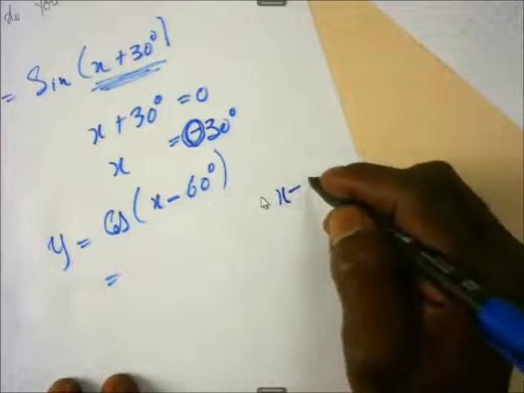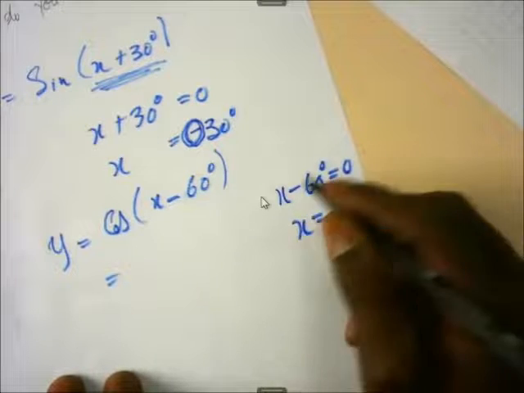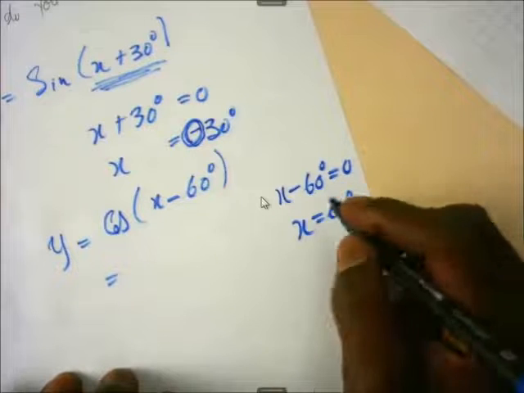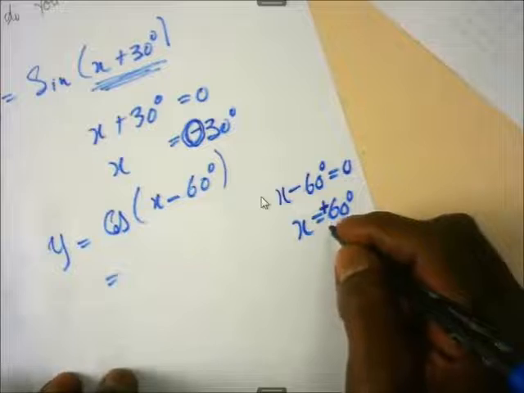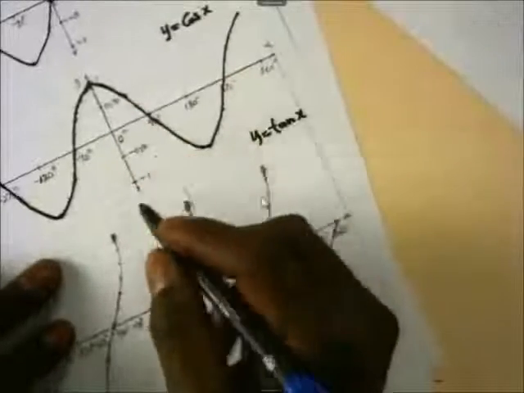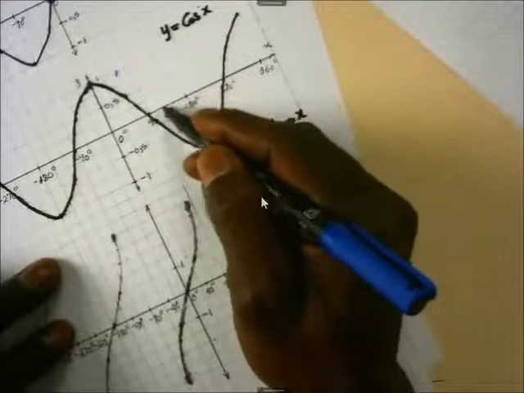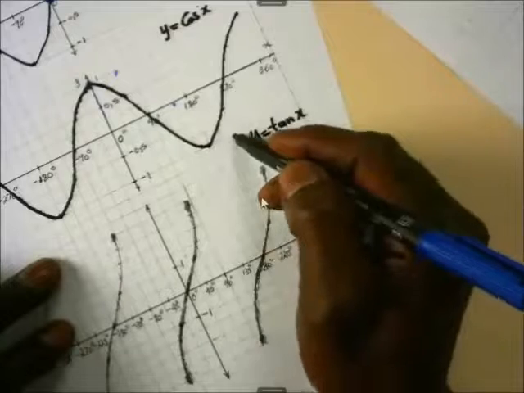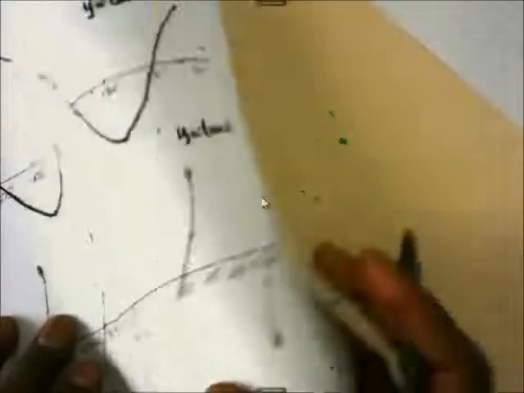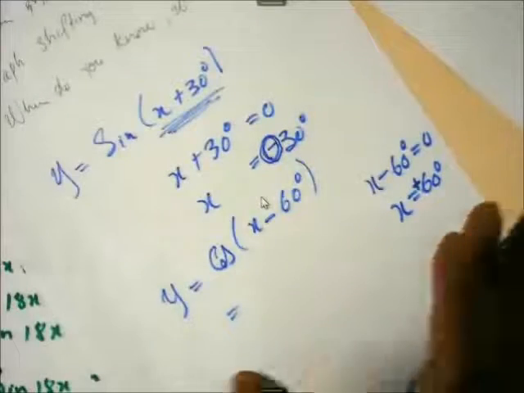So when will x minus 60 degrees be 0? If we add 60 degrees on both sides, x must be equal to 60 degrees, and this 60 degrees is positive. It means every point of the mother function will shift by 60 degrees to the right. This point will shift there, this point will shift there, and so on and so on. That's how we know where the graph shifts to, whether to the left or to the right.